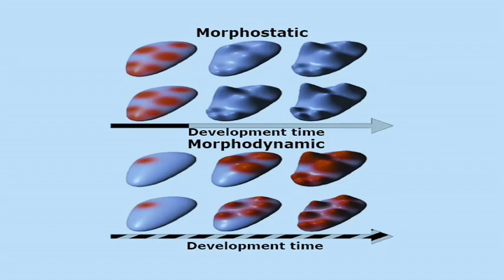A key aspect of our treatment is the introduction, or rather appropriation, of the term morphodynamic, distinguished from morphostatic, to characterize complex developmental mechanisms in which inductive and morphogenetic mechanisms interact with one another in a reciprocal fashion.